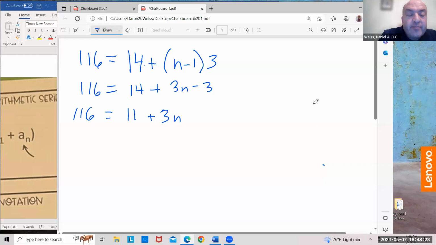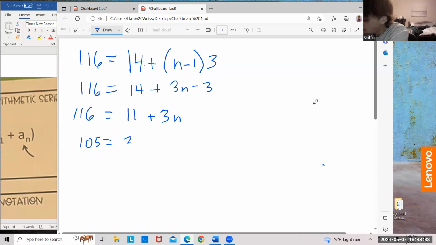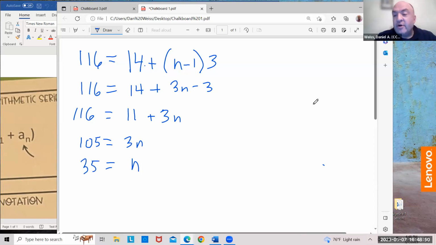Now you have 116 minus 11, which gets you 105. Now you have 105 divided by 3, which is 35.